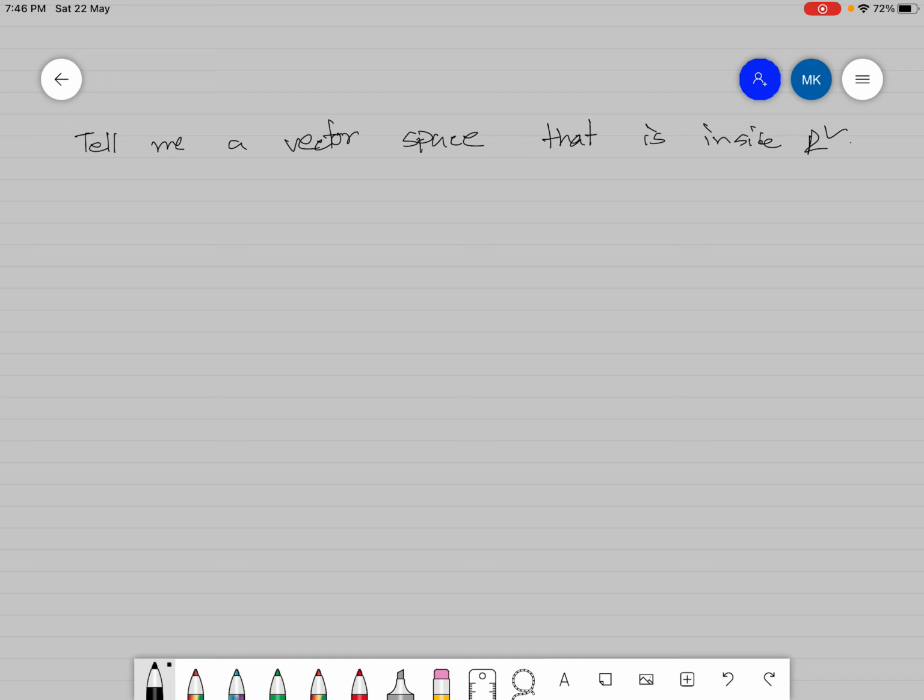So the answer would be, if you use your imagination, think about any vector. Now think about the positive scalars of the vectors, so that goes to infinity.